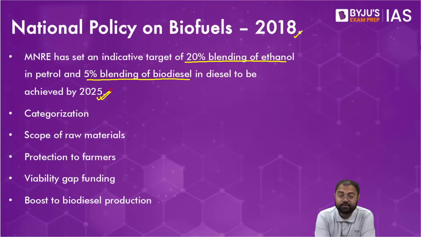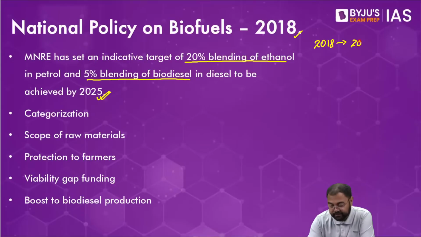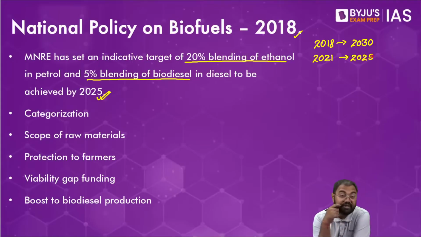Now initially, in 2018 the target year was kept to be 2030, that these targets of 20% blending of bioethanol and 5% blending of biodiesel should be achieved by 2030. But then there was an amendment made in 2021, and in this amendment they brought down the target year from 2030 to 2025.